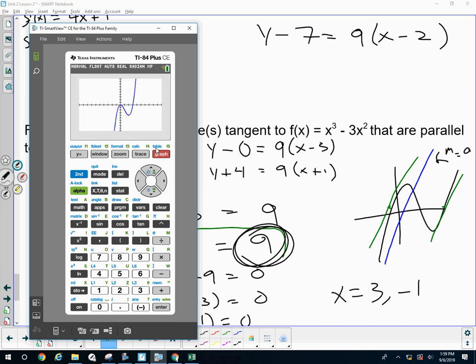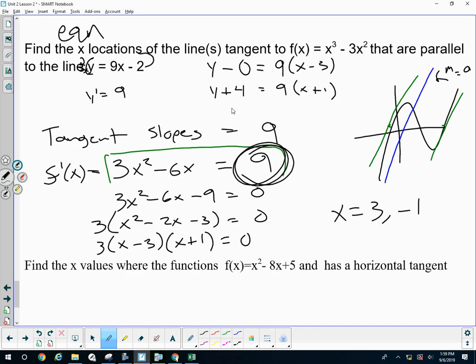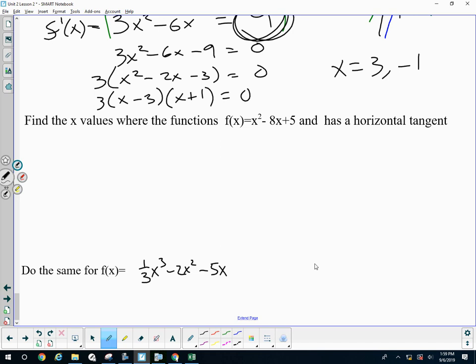Ready? Yes! There's the 9x minus 2. That pink line's the tangent line at -1. That black line's the tangent line at 3. Beautiful. What else can we do?